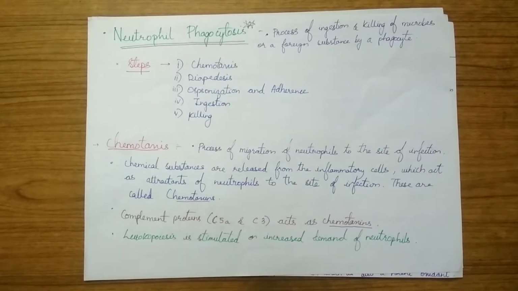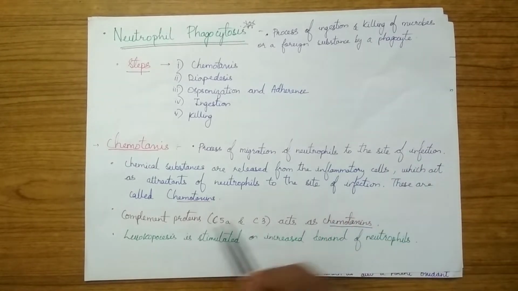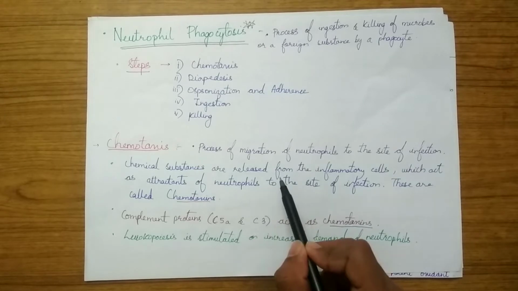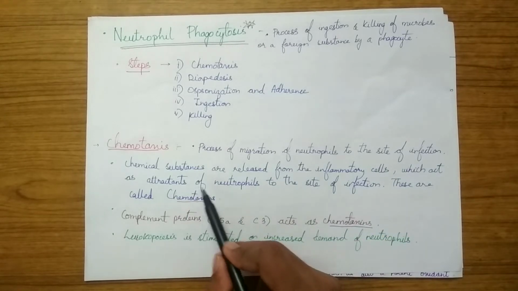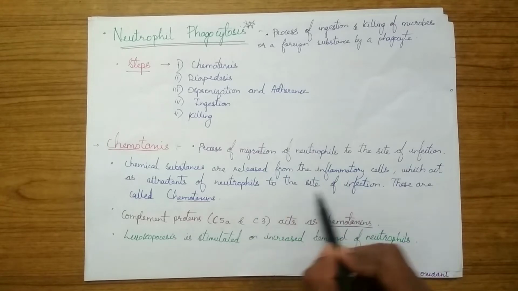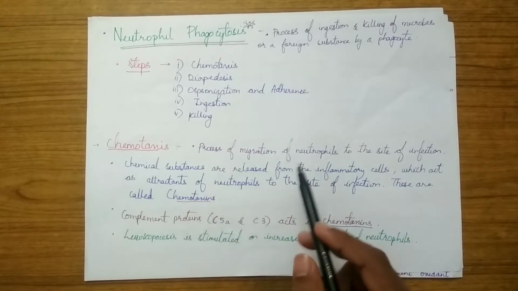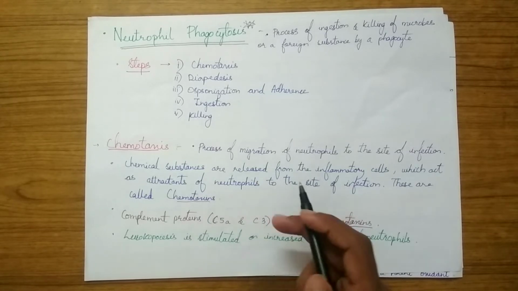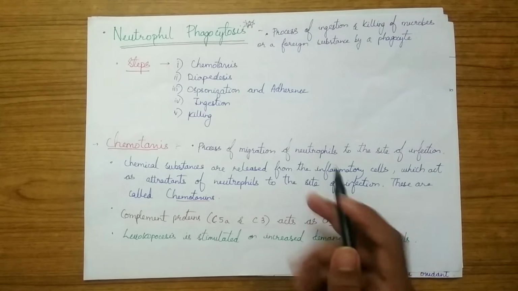Chemotaxis. It is the process of migration of neutrophils to the site of infection. The chemical substances released from the inflammatory cells act as attractants of neutrophils to the site of infection. These are called chemotaxins.